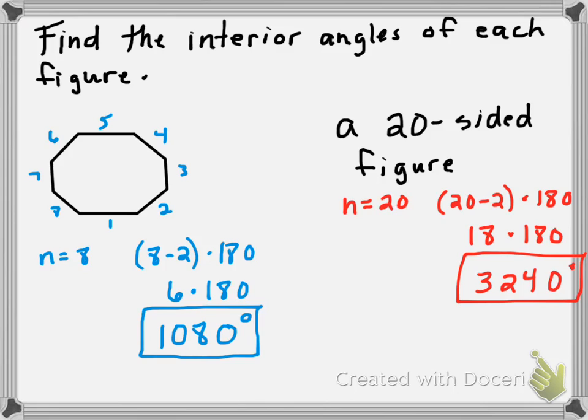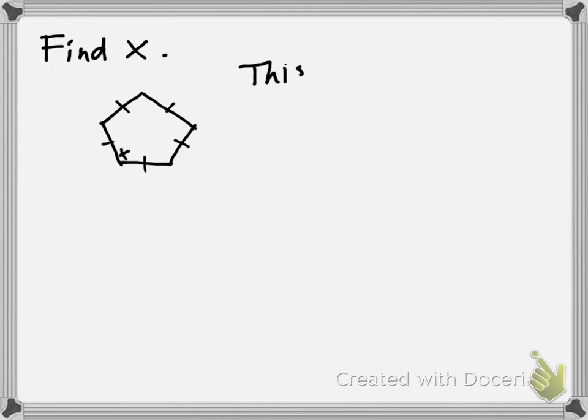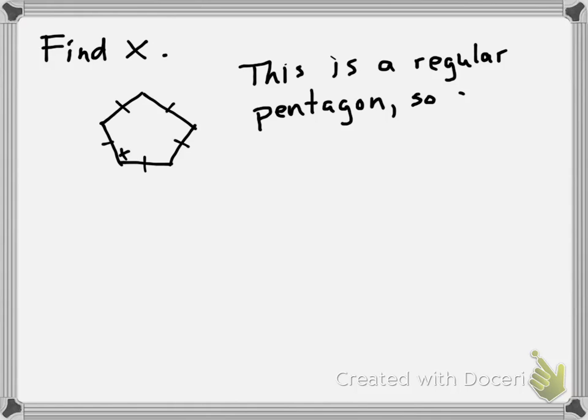Now, there is one extra thing that you can do if it's a regular polygon. If it's irregular, then all you can do is find the sum, how much they all are together. But if it's a regular polygon, then there's another thing we can find. This is a regular pentagon because I see that all 5 sides are equal.